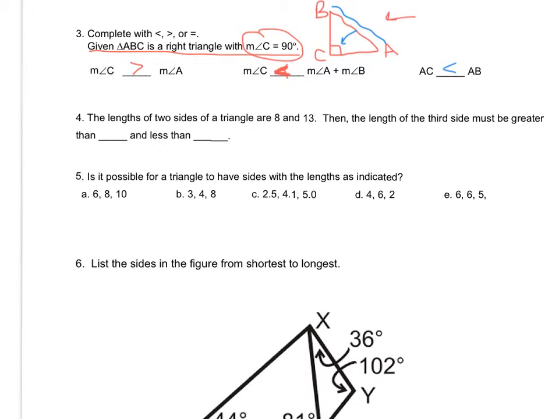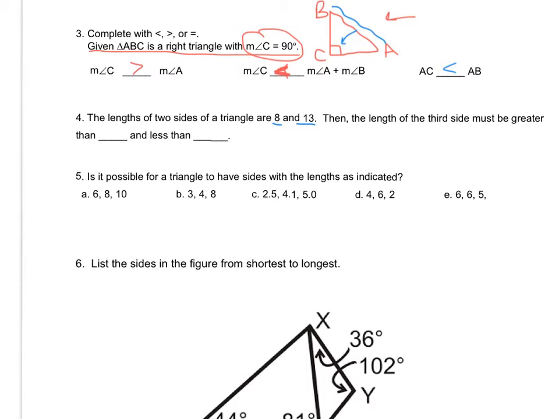Number 4 is where we're going to have to do a little bit of work. The lengths of two sides of a triangle are 8 and 13. Then the length of the third side must be greater than what and less than what? Okay, so we have our triangle inequality theorem. We take our two sides, 8 and 13, and we set up some inequalities.